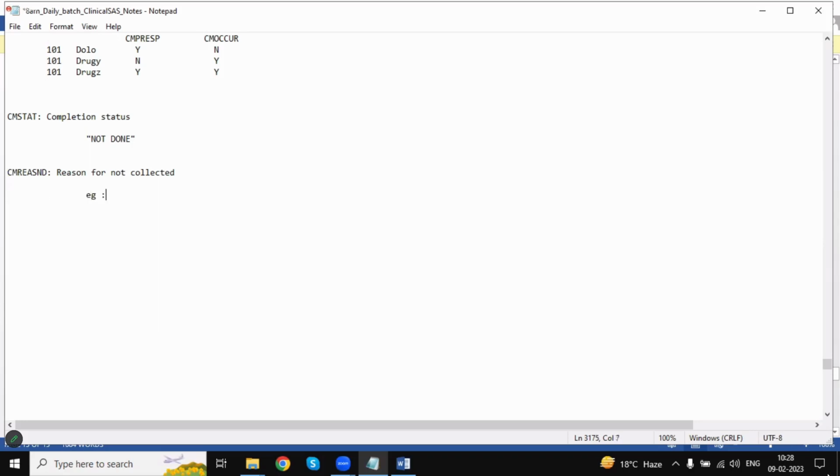It could be anything, for example, the subject refused to provide the details. So when you capture not done, if the details are not completely given, then the status is not done.